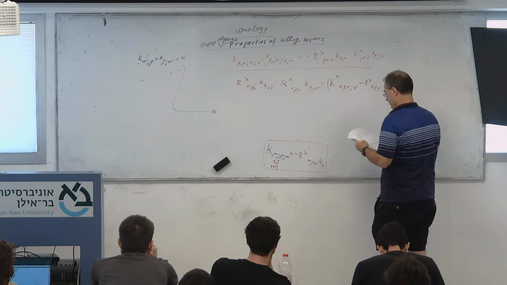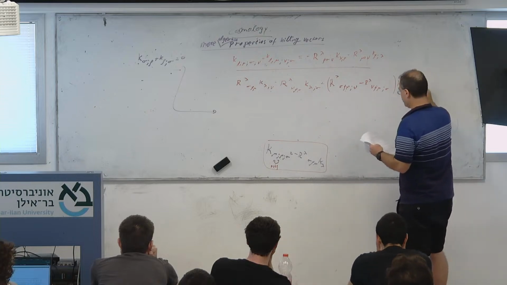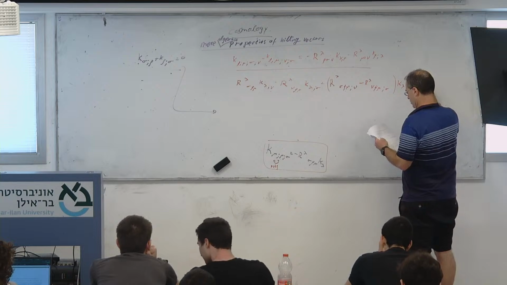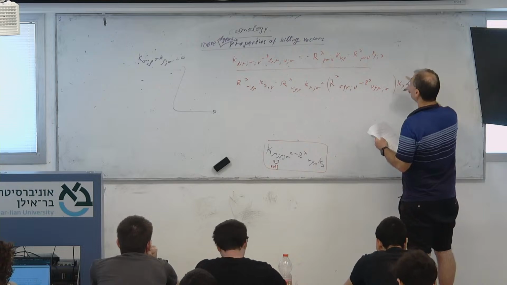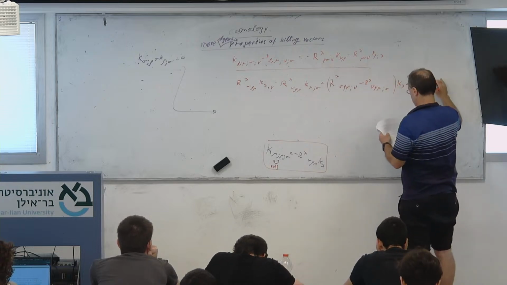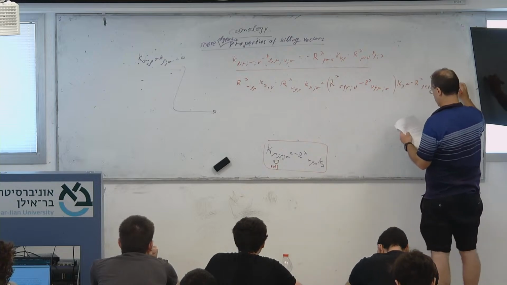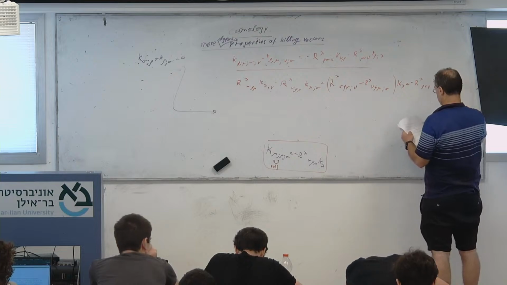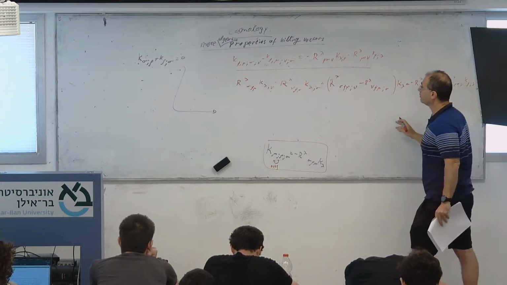Okay, lambda is minus r lambda rho sigma nu. I'm just copying k lambda mu minus r lambda mu sigma nu k rho lambda.